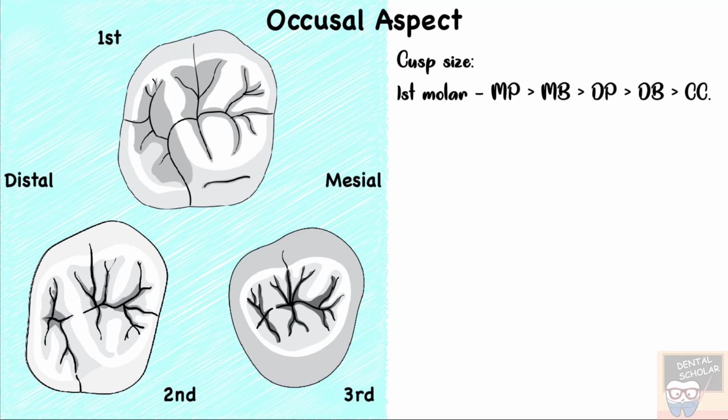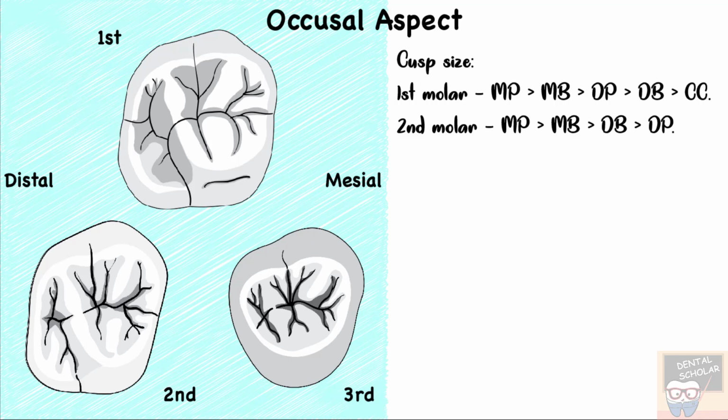But if we exclude this cusp of Carabelli, then the smallest cusp in the first molar would be distobuccal. In the second molar, the largest cusp is mesiopalatal, followed by mesiobuccal, then distobuccal, and the smallest here is distopalatal. So in the first molar, distobuccal was the smallest, excluding the cusp of Carabelli.